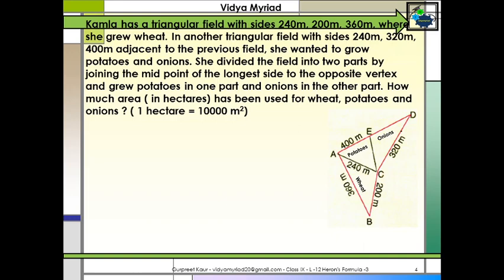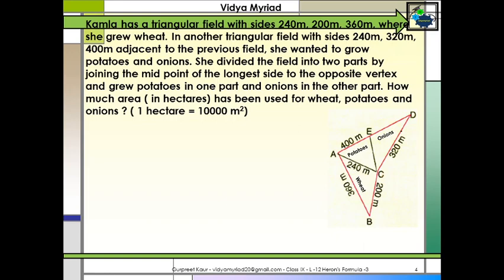In the case of wheat, I have taken 240 as a common side for ACB and ACD to draw it easily. Now we will try to find out their areas separately and then we will add them. First of all, let's find out the area for wheat.